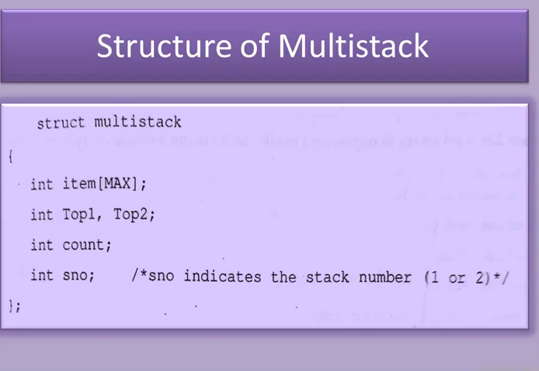So these invalid values will be considered as underflow conditions for the values of the two tops. -1 is the underflow condition for one stack and max will be the underflow condition for the other stack, because -1 and max are invalid indices for the array.